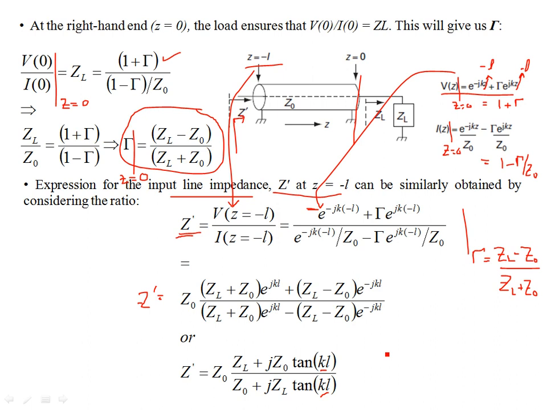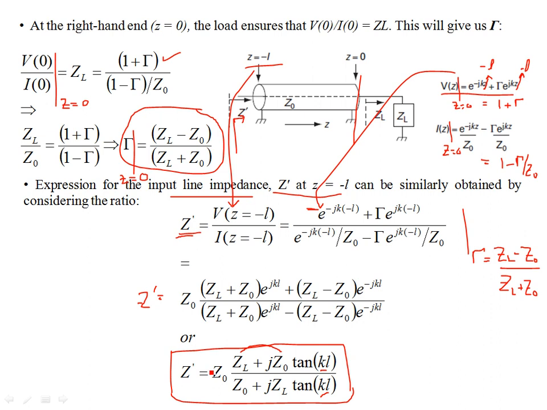transmission line. If you look at this expression carefully, there are some important features which can be derived from this relationship. First of all, what we are saying time and again is that if Z naught is equal to ZL, then the numerator and denominator become equal.